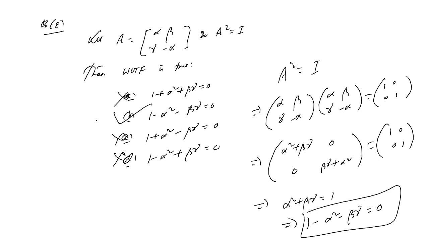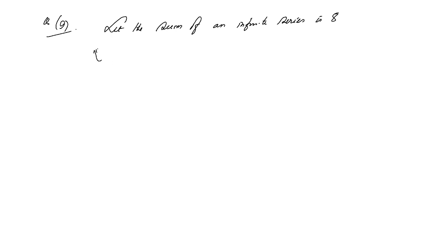Next, that is another question from infinite series. Question number 9. Let the sum of an infinite series be 8 and the second term be 2. It is given the second term is 2.